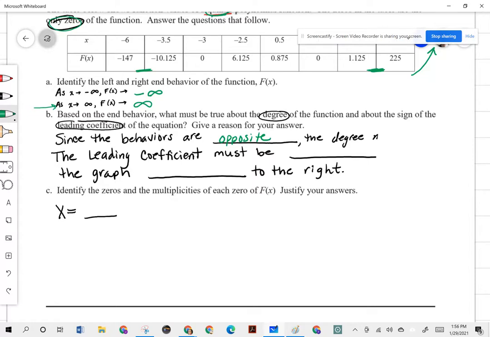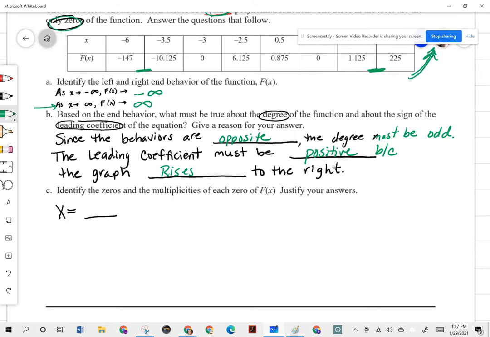We've got a positive infinity and negative infinity in part A. Since the behaviors are opposite, the degree must be odd. Okay. The leading coefficient must be positive, right? Because the graph rises to the right. Okay, and that's because the table values were showing that it was increasing.